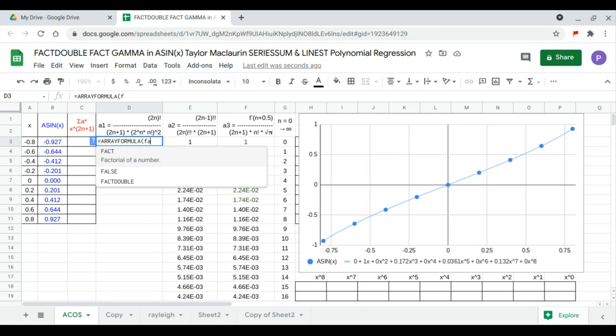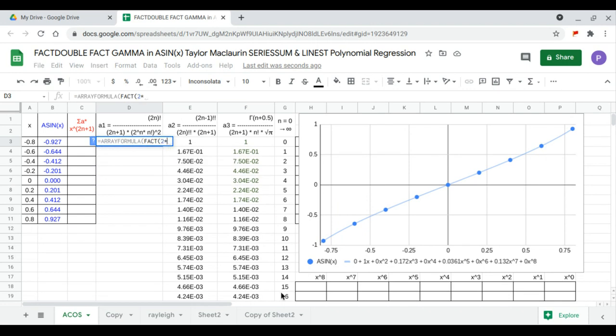Now we continue with the factorial form, which is array formula. The numerator, factorial 2n. That's the numerator. Now the denominator, there are three parts. The first part, the quantity 2n plus 1. The second part is the quantity 2 to the power n times factorial n, squared.